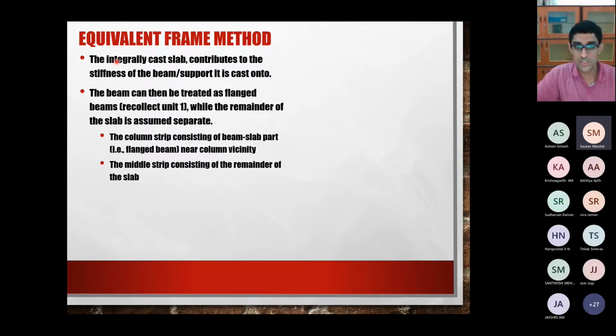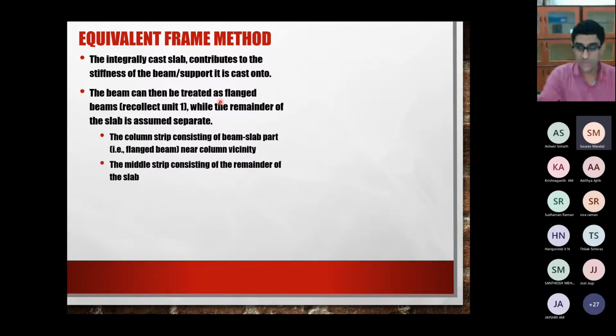It basically assumes that the slab is cast integrally with the beam, and therefore the stiffness of the beam also contributes to the stiffness of the system. This assumption is what we told in unit number 1 when we were talking about flanged beams, T-beams.